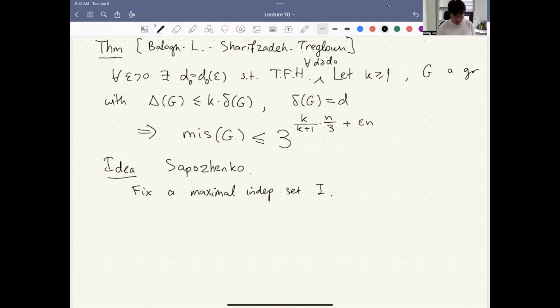So what we do is, here's all the vertices, let's say ordered by decreasing order in its degree. You first pick out vertices that are in I, some of them. These vertices are in I, in I, in I. The high degree vertices. And each such vertex kicks out some neighbors, right?